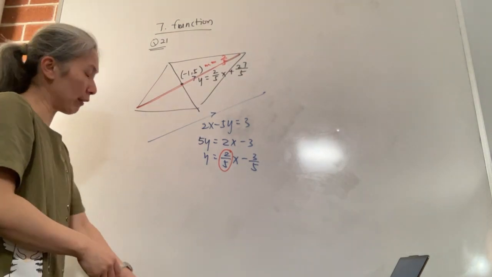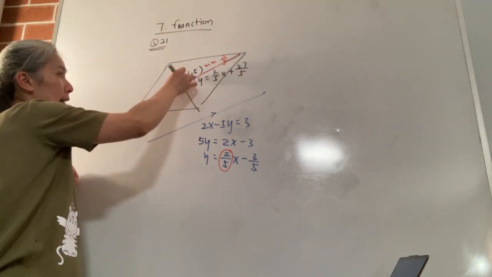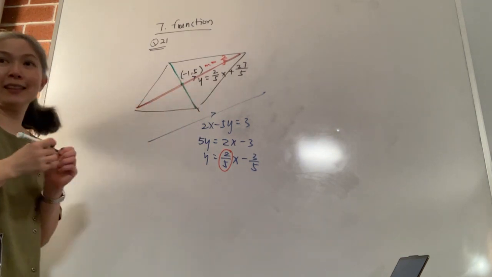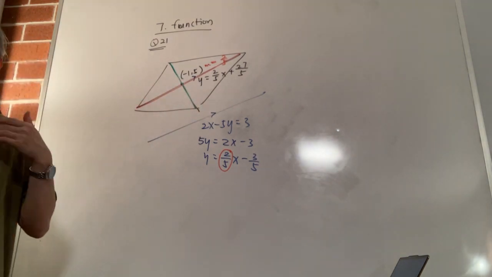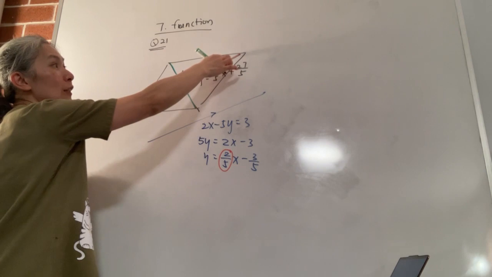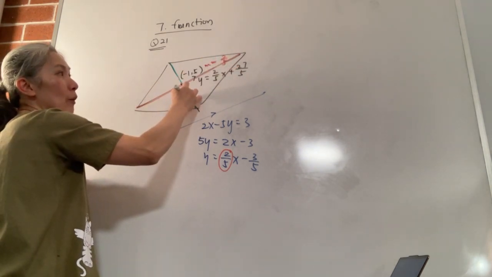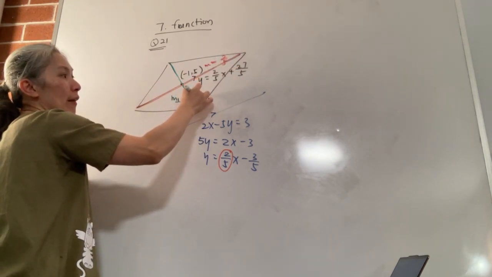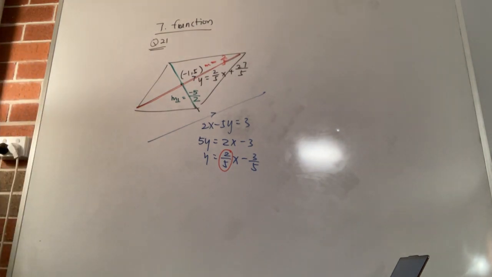And can you also find the other diagonal, which is that one? What is the gradient for this one? The product equals -1. Yes, so if this is 2/5, that means m perpendicular will equal -5/2.